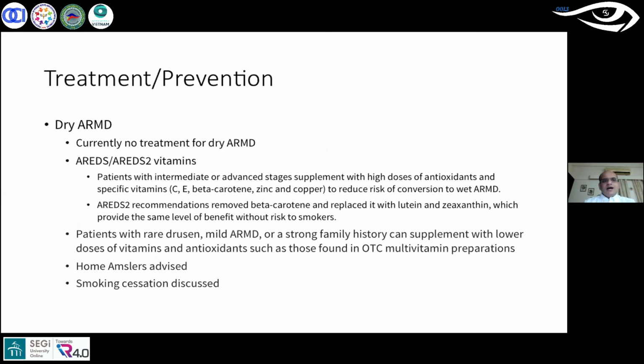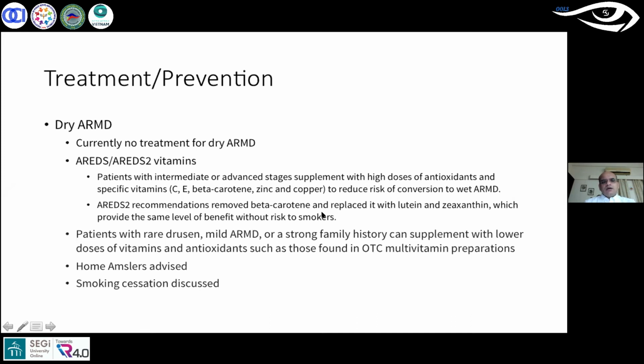In terms of dry ARMD, there are currently no treatment requirements, because as mentioned, the vision usually remains stable. There are AREDS and AREDS2 vitamins. We will come to the details about these a little later. But the main difference we need to remember is that AREDS2 recommendations removed beta carotene and replaced it with lutein and zeaxanthin.